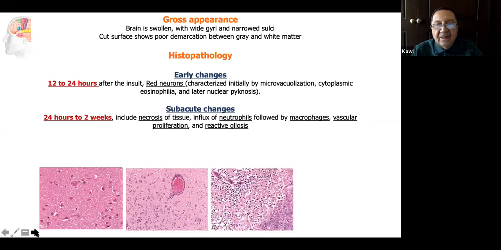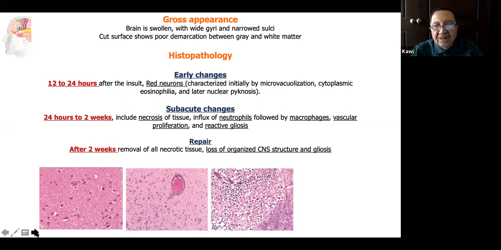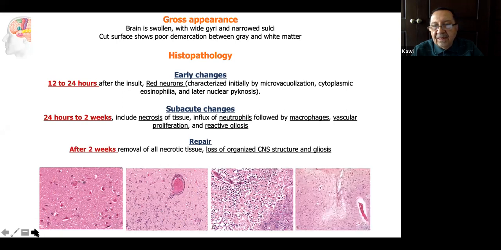Then in the late stage, it's the stage of repair, which is cleanup and removal of the necrotic tissue. And instead of having a scar, we have what we call gliosis in the central nervous system.